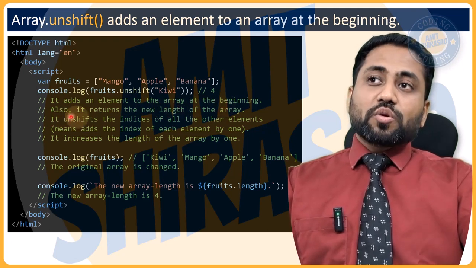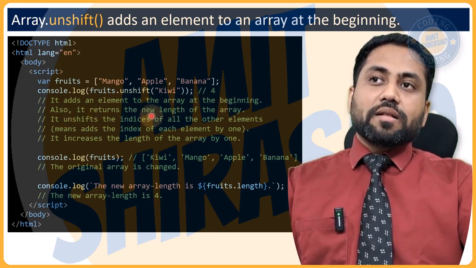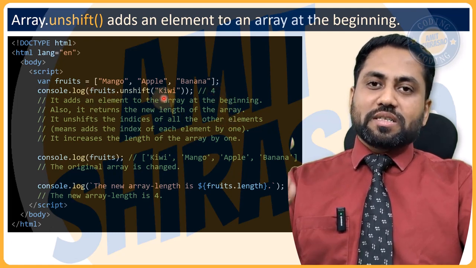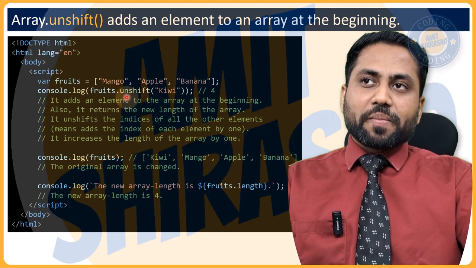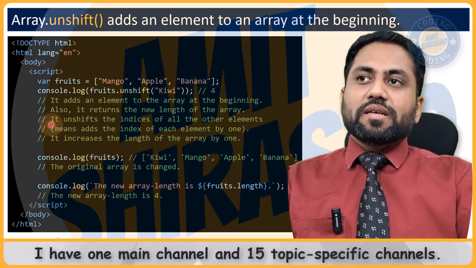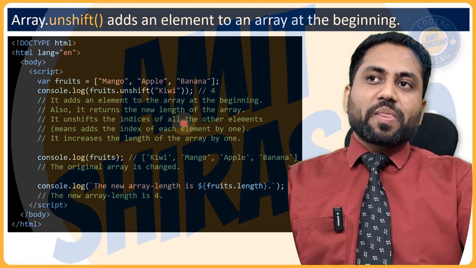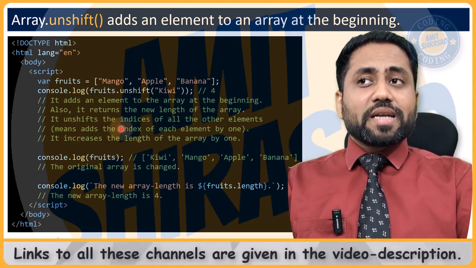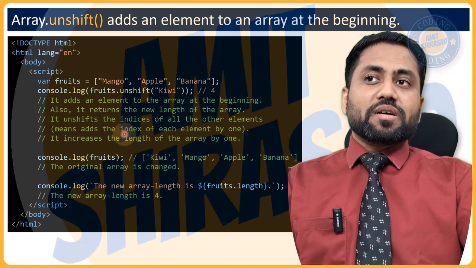Okay, then also it returns the new length of the array. So here, what is the return value of this function? It is basically the length of the new array. And then it unshifts the indices of all the other elements. Means it increases the index of each element by 1.